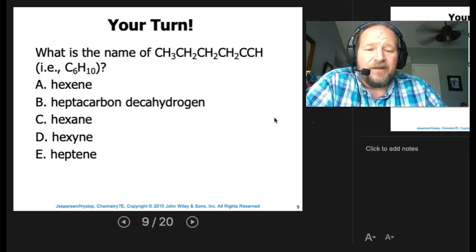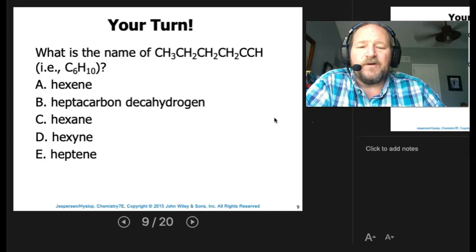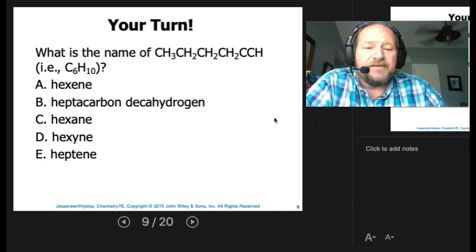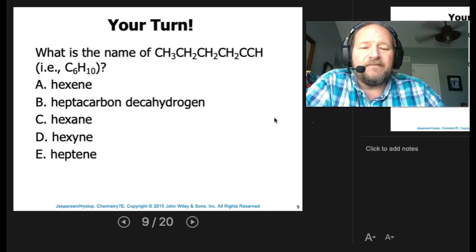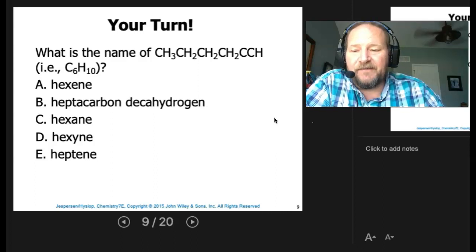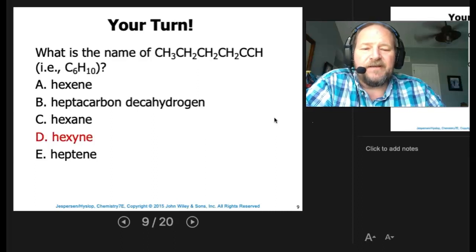So now you can think about the formula if you want. We know the formula for ene would be Cn, which would be 6, and then 2n for the hydrogen, which means it would be C6H12. But the Y and E was N for the carbon, which would be 6, and then N times 2 minus 2, which would be 12 minus 2 would be 10, and that's our formula. And so this must be hexyne.